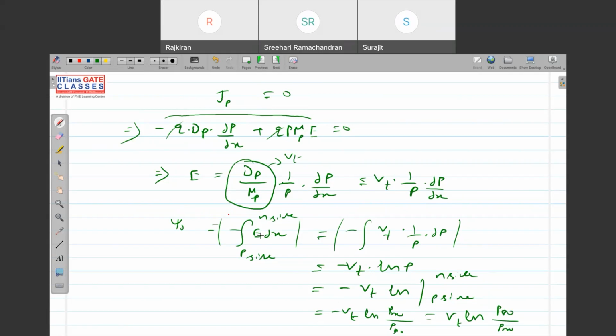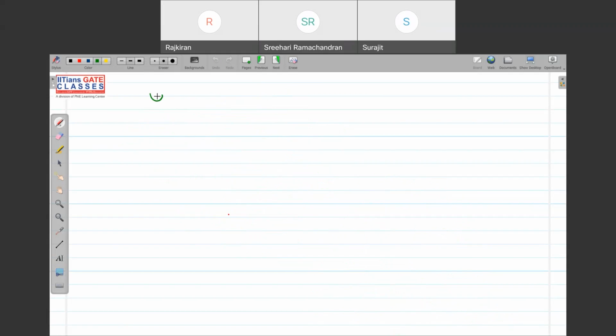So we got the potential equal to Vt ln Pp0 by Pn0. This is the hole concentration in the P side semiconductor, and this is the hole concentration in the N side. Clear? So this is my built-in potential inside the depletion region.